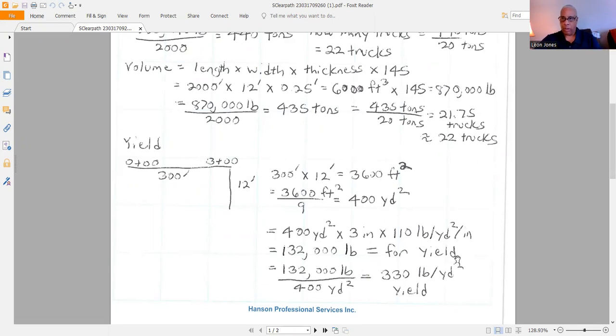Now, also another way you could come up with the yield too, if you know what depth the contractor is placing, is you have a fluff factor of 1/4 inch. And once it's compacted, you should already know by measuring. You can also use a ruler.